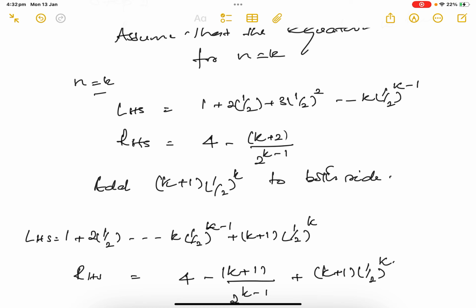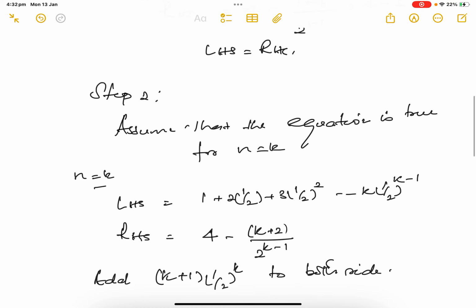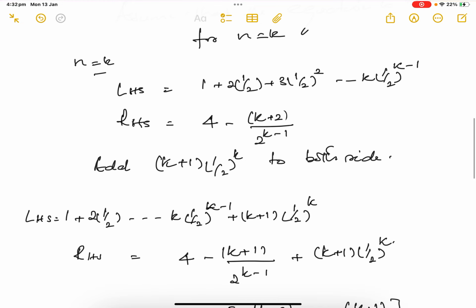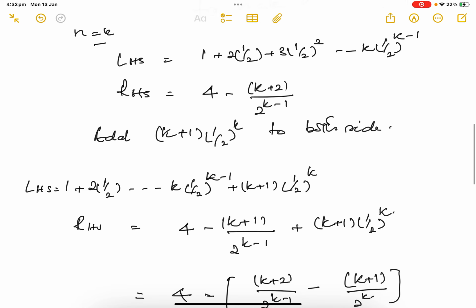The right hand side is 4 minus (k plus 2) over 2 to the power of k minus 1. That is for n equals k, as assumed.